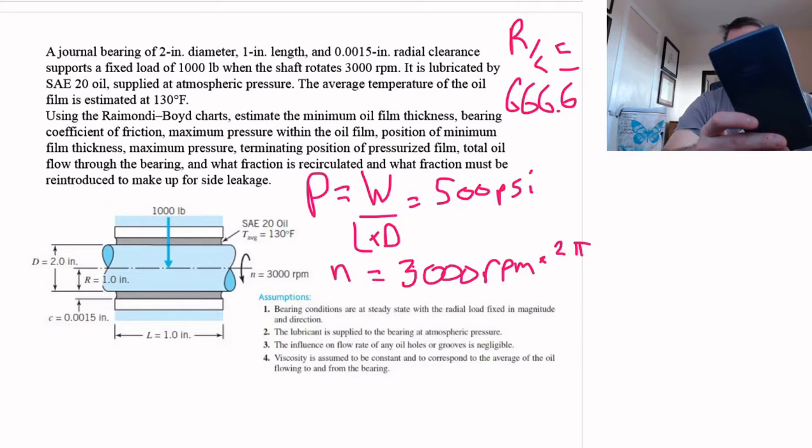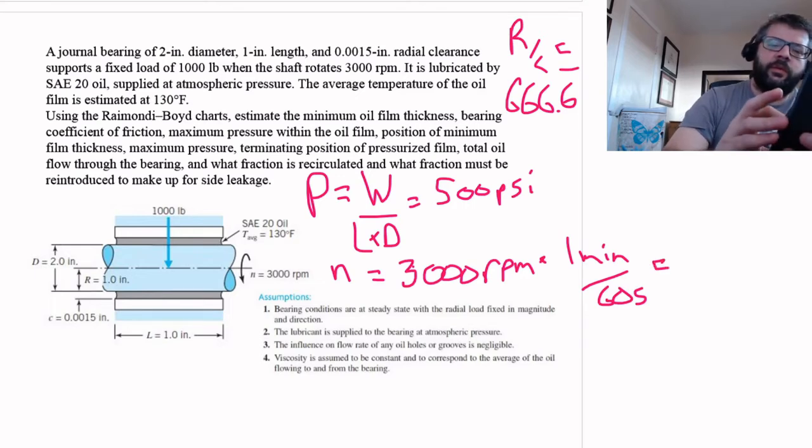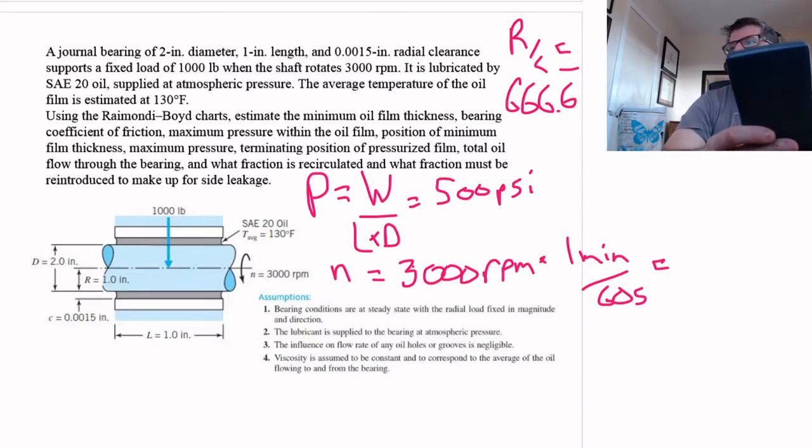No, wait, not 2 pi. We don't have any 2 pi there. We're still in revolutions, we're not doing radians. My bad, force of habit. So times 1 minute per 60 seconds, that'll get us to 50 revolutions per second.